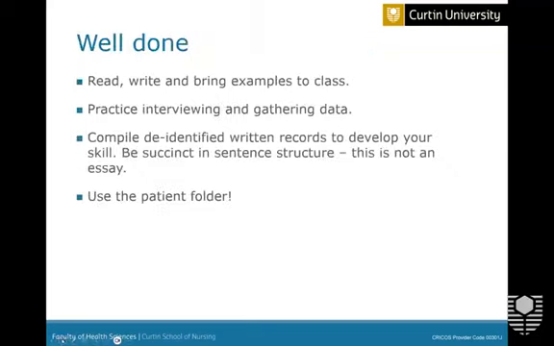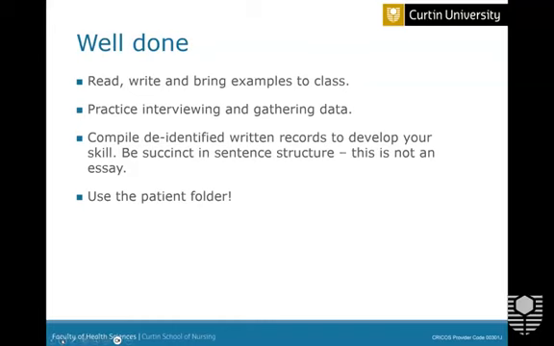So what I would like you to do is to perhaps practice each of those different methods of actually doing a health assessment, and I want you to bring those examples to class, to the first laboratory and first tutorials, so that you can start building on your practice repertoires.